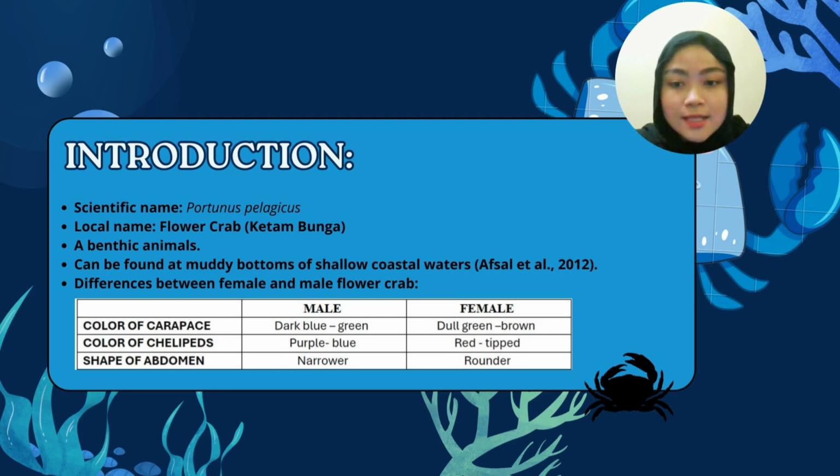The color of chelipeds for male, they're usually purple to blue color, while the female have red-tipped chelipeds. And then the last characteristic is the shape or the size of the abdomen. For male, they usually have narrower abdomen, while the female have rounder abdomen.